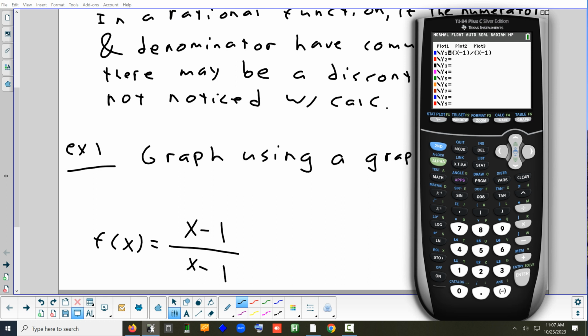And what's this graph basically going to look like? Like you're dividing two things that are the same. It'd just be 1. So this is basically going to look like the line y equals 1. And that's exactly what the calculator is going to show you.